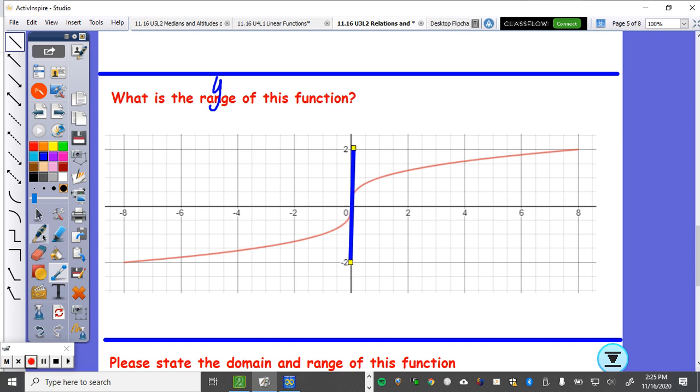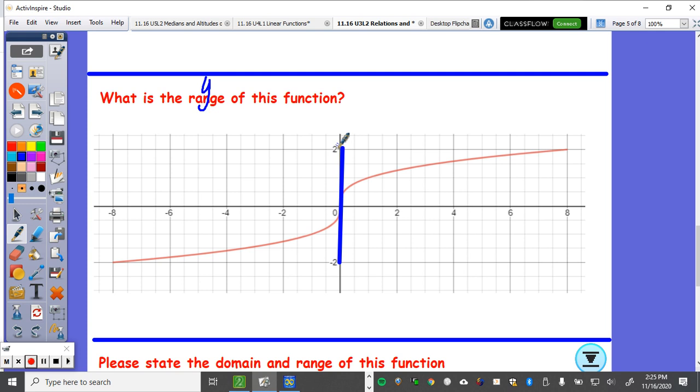I'm not using any y values up here, and I'm not using any y values down there. So we're using all the y values between -2 and +2. Okay?